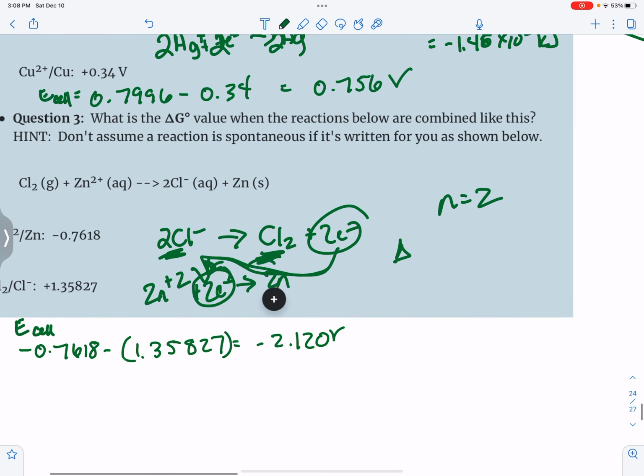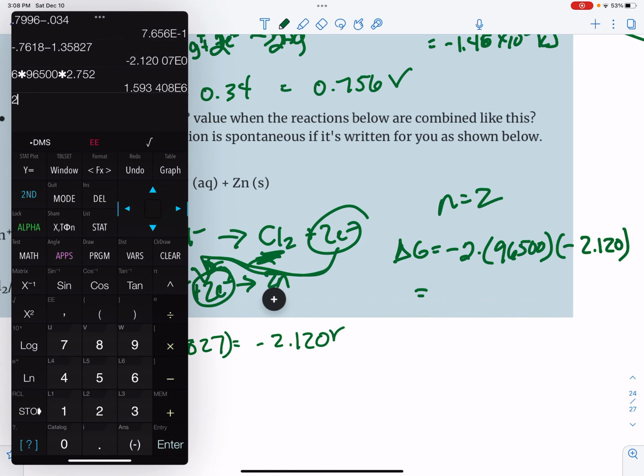And then in here, delta G is equal to -2 times 96,500 times E cell, which is -2.120. So 2 times 96,500 times 2.120.